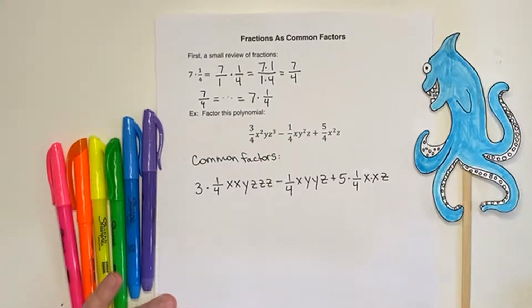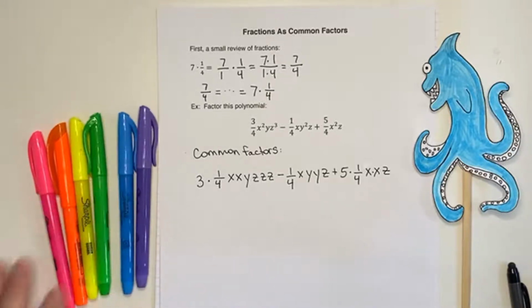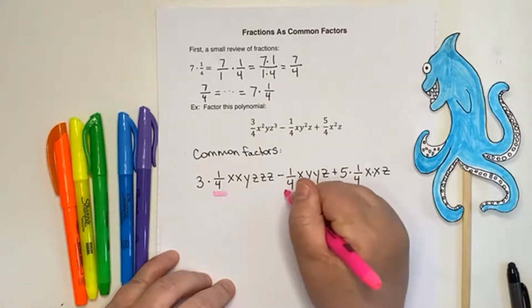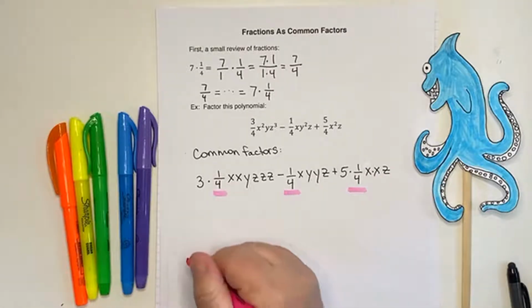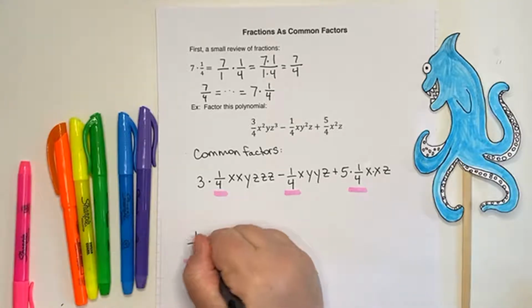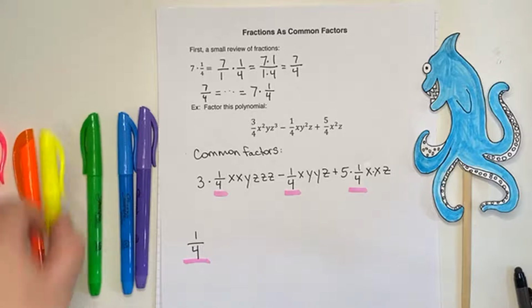Okay, so our goal in factoring out common factors is merely to do pattern matching. I want to figure out who's the same in each term. I happen to see that I've got a 1/4 in each term, and so I'm going to factor out the 1/4. Next up, I've got some x's.